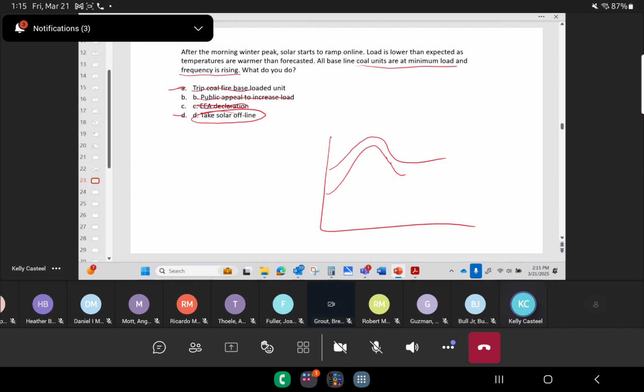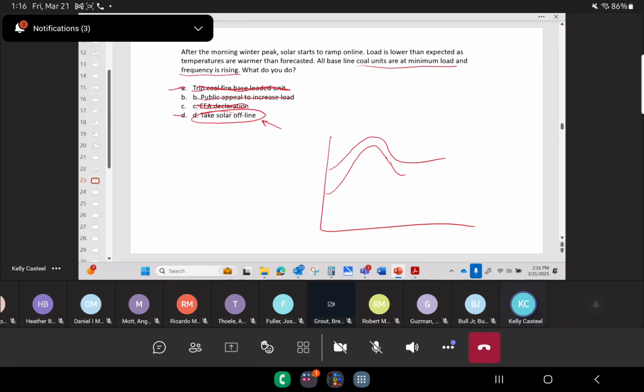So for this one, I'm going to say more than likely the correct answer is going to be to curtail the solar output. In most cases, we do have contractual agreements with solar to do that. That would be the preferred option to take, is to take the solar offline as opposed to taking the coal-fired units offline.